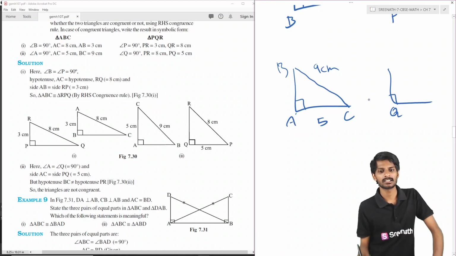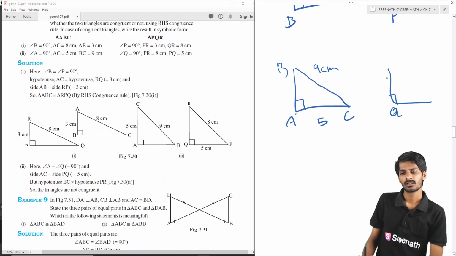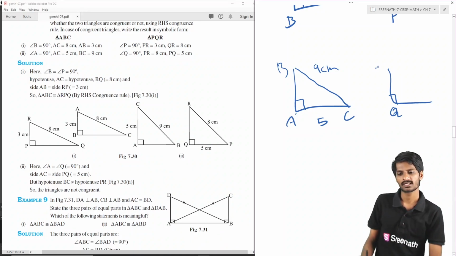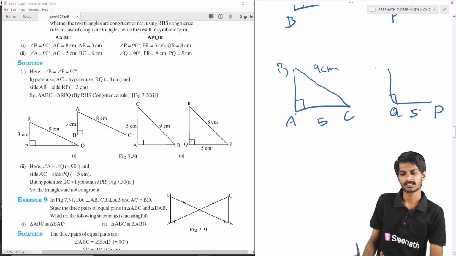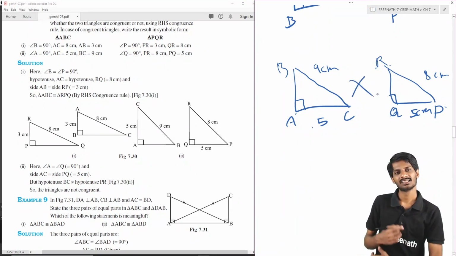Angle Q equals 90 degrees and QP is equal to 5 centimeters, and PR is equal to 8 centimeters. So here the right angle is equal, one side is equal, but the hypotenuse is not equal. So these two triangles are not congruent. That's it, students.